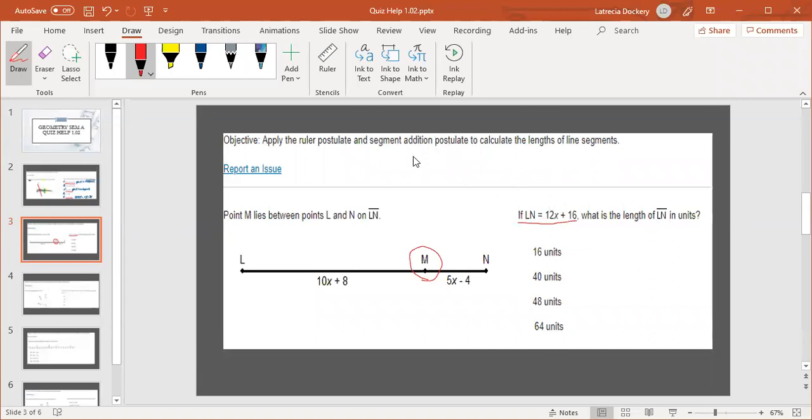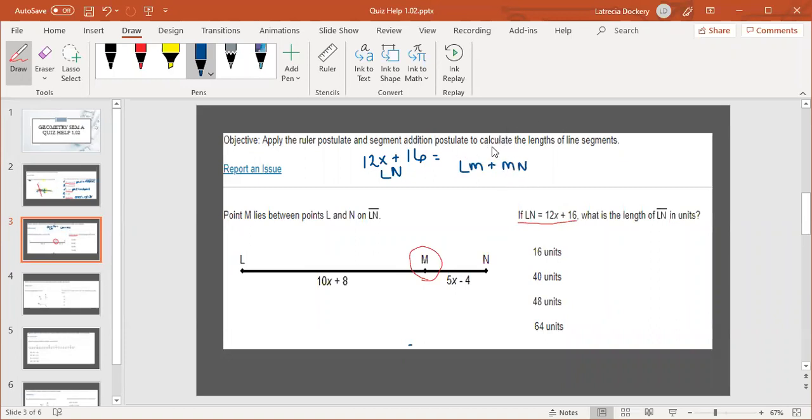So we've got to go back to our algebra here, okay? So LN is equal to 12x plus 16. Okay, this is LN. All right. We can also say that that is equal to LM plus MN, right?